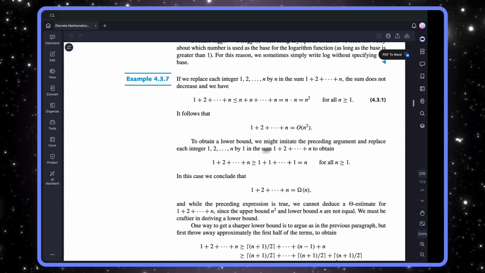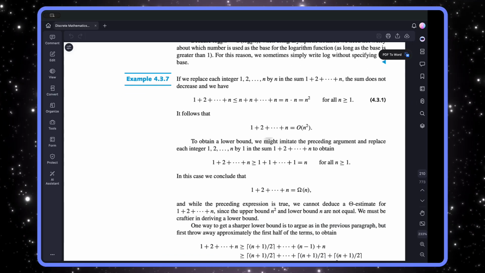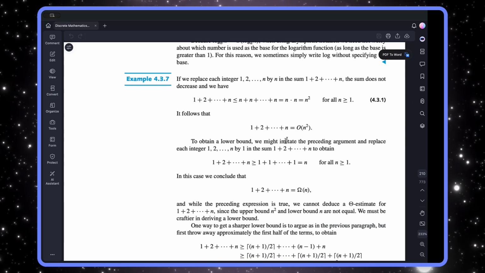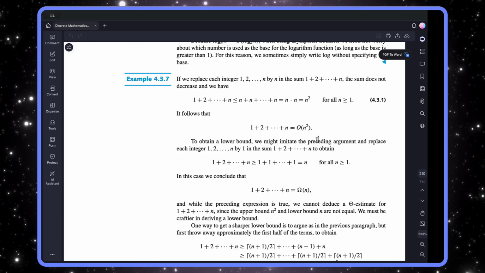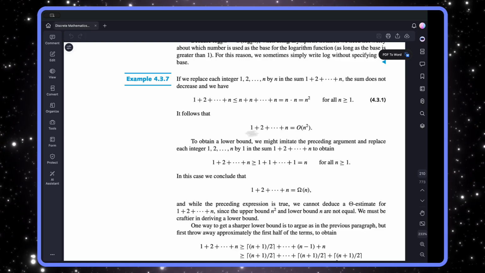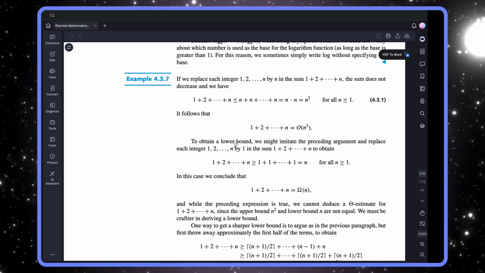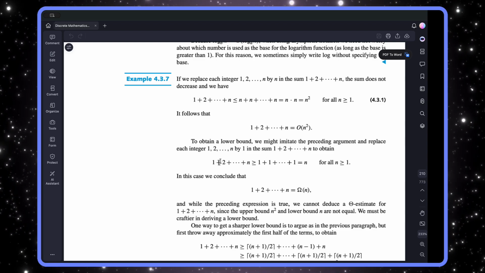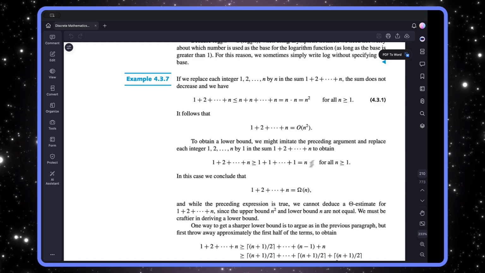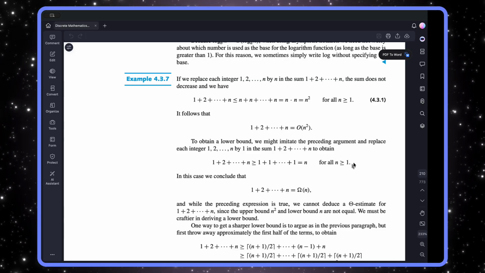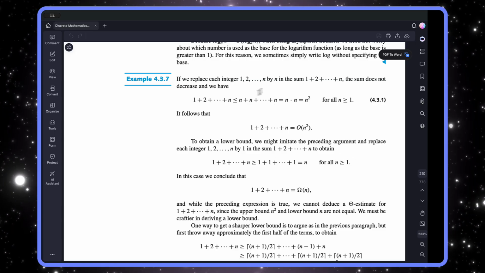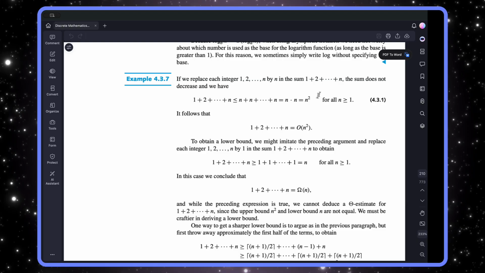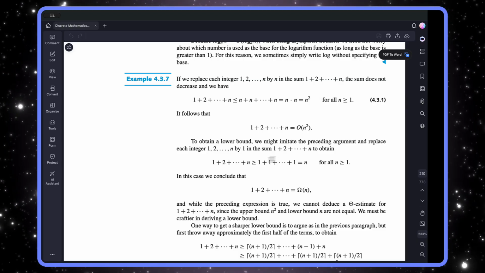Then to obtain a lower bound, let's take a look at a lower bound. We might imitate the preceding argument and replace the integers 1 through n by 1 in the sum. If we do that, that's n for all n. So in this one, you're showing that it's smaller than something, and over here we're showing it's bigger than something else.